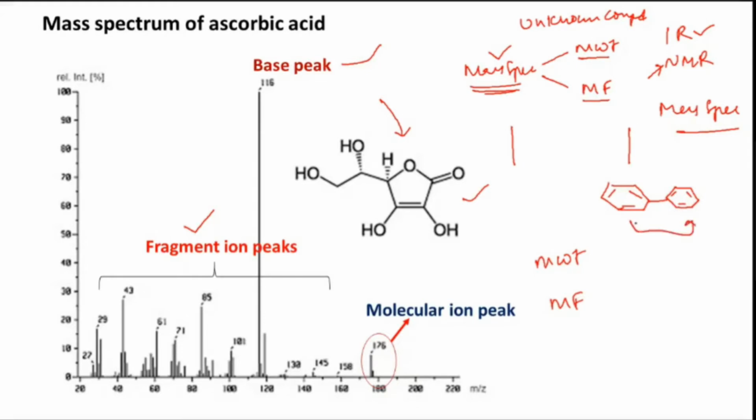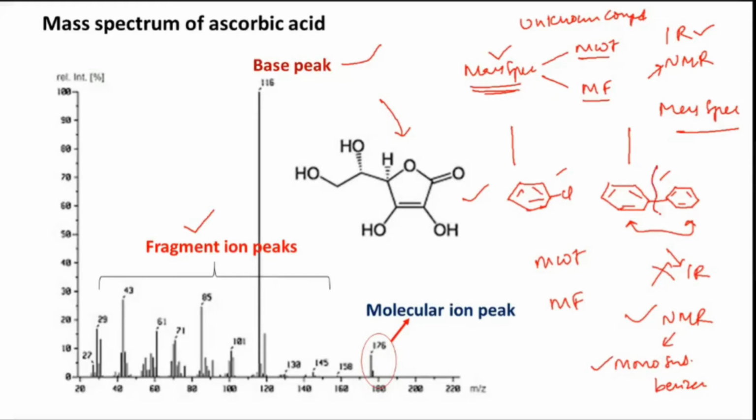IR cannot confirm this. NMR can, to some extent, because NMR will tell you monosubstituted benzene. The biphenyl compound as well as chlorobenzene will both have almost similar patterns. NMR will let you know that a monosubstituted benzene is there, because the molecule is symmetric, so both rings are the same.